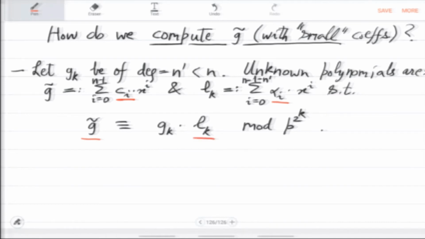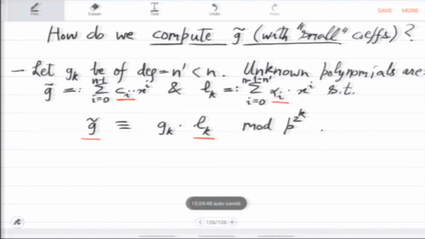So Gk is completely known. You want to find the coefficients of G tilde, Lk. But then there is a condition on the Ci's that it should be small.